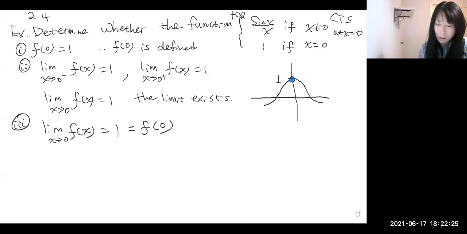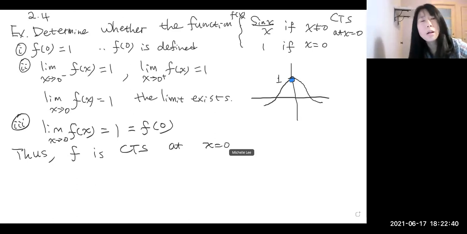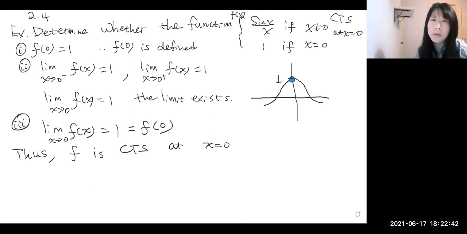So we can say that the function f is continuous at x equal to 0 because it satisfies the three conditions at the same time.